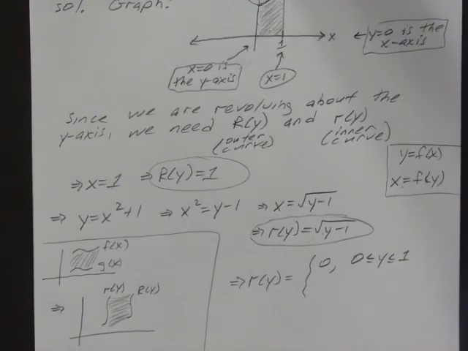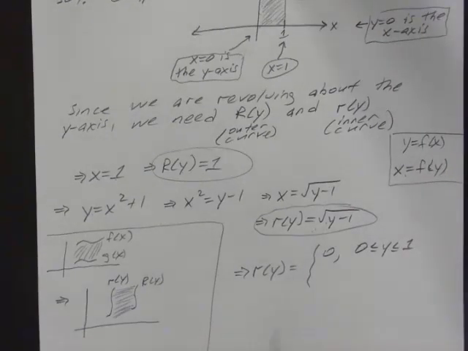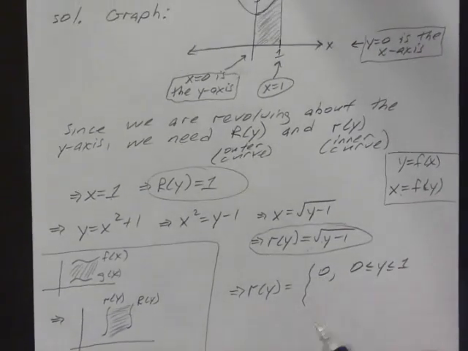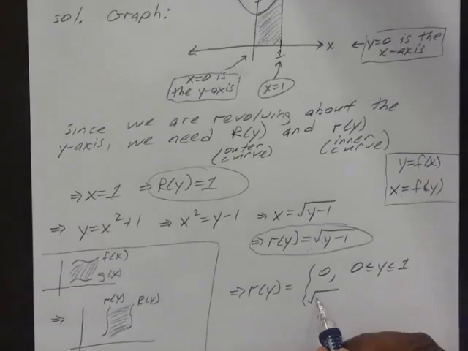Because honestly, you can't make it anything less than 1 because it'll be undefined. Okay, but outside of that, y is equal to 1, we know it changes when you go between y equals 1 and 2.